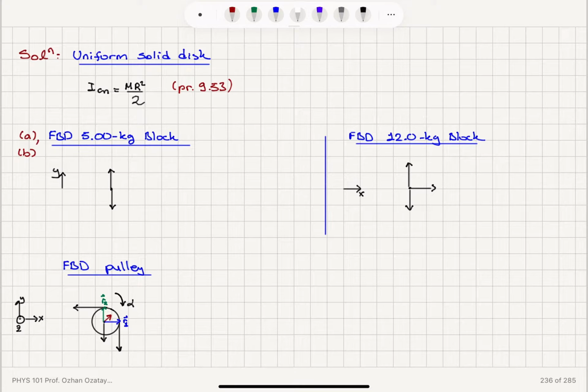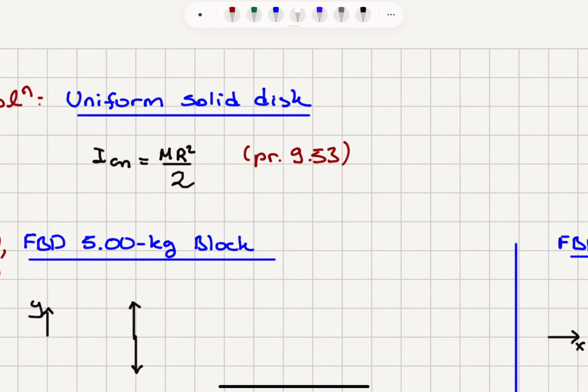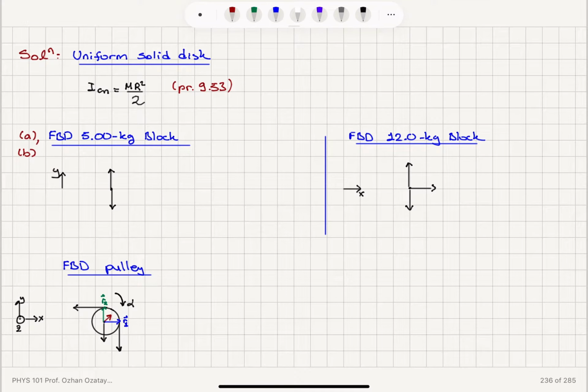So let's start with remembering that for a uniform solid disk, this is the result of problem 9.53, the moment of inertia for a pivot at the center of mass is capital M, capital R squared over 2. So M is the mass of the disk, capital R is the radius of the disk.